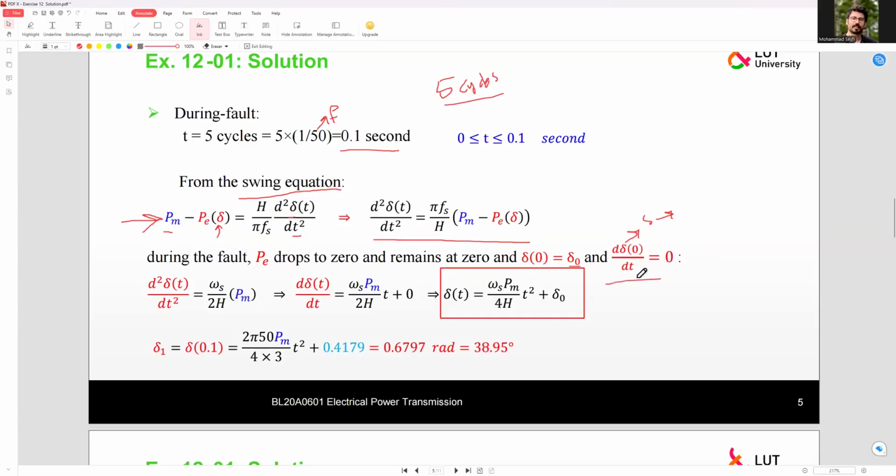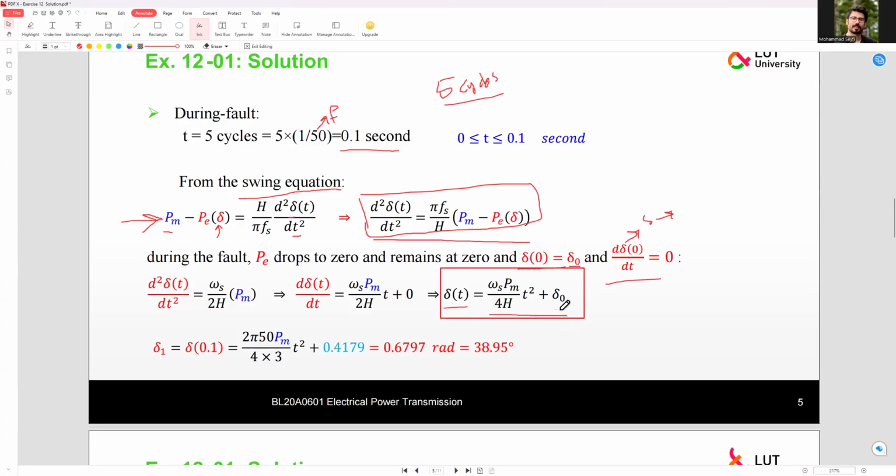And using these conditions, we solve this differential equation, which yields this: the delta at each t would be equal to this.